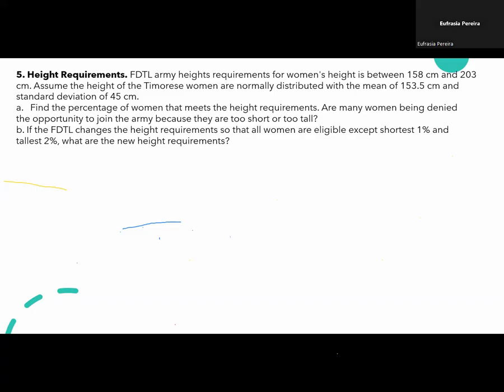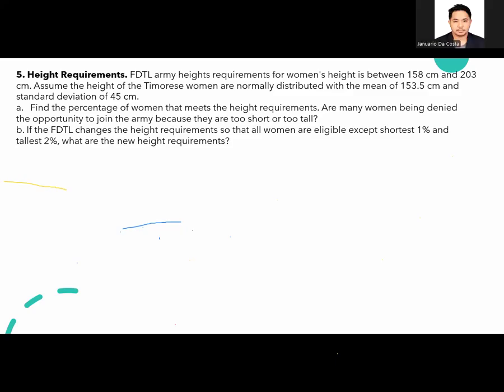A, find the percentage of women that meet the height requirements. Are many women being denied the opportunity to join the army because they are too short or too tall? B, if the FDTL changes the height requirements so that all women are eligible except the shortest 1% and the tallest 2%, what are the new height requirements?